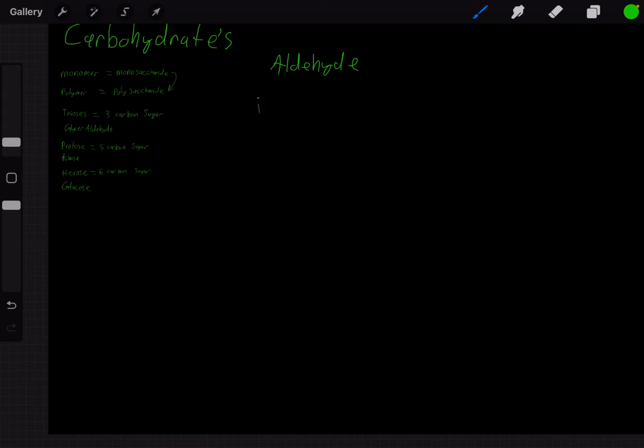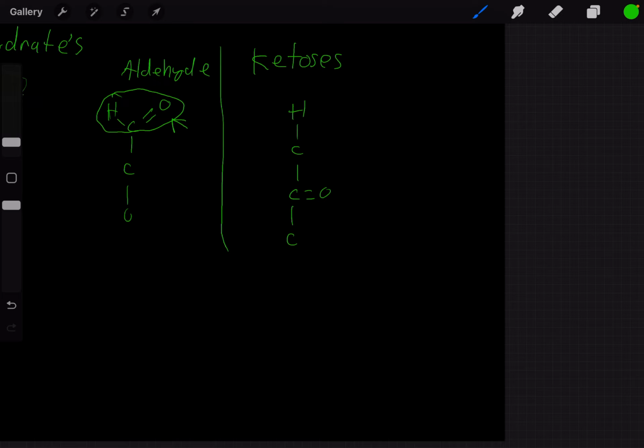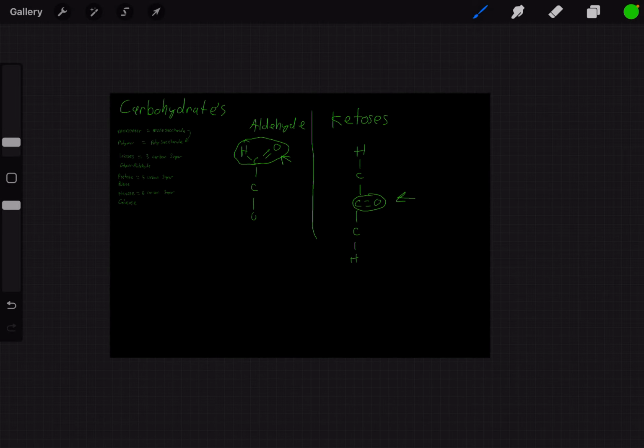So, for example, right here it's happening towards the end of the molecule, towards the top or bottom. Or if it's in the middle, it's called ketose. This is an example. So it's right here in the middle, where the functional group, where the work is happening, is in the middle. So that's aldehyde and ketose.